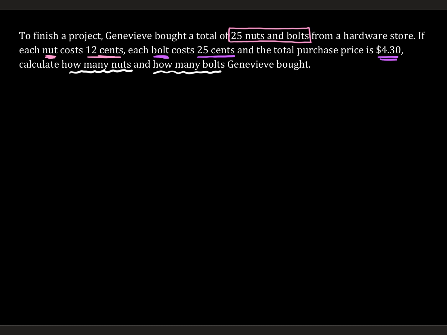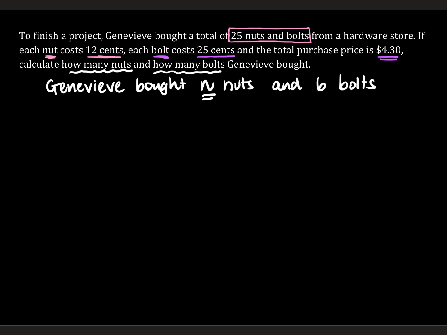So I'm going to say that Genevieve bought N nuts and B bolts. I just had to choose some letters. I could have used x and y there, but I'm just going to use N and B. Now, let's think about what information we're given.